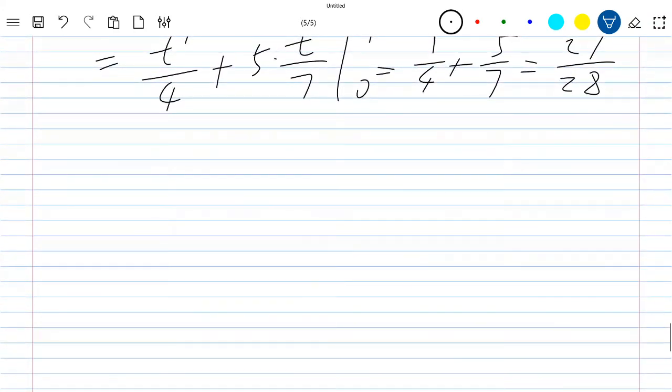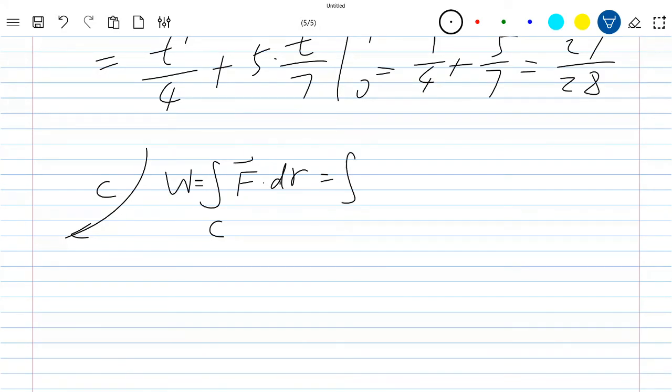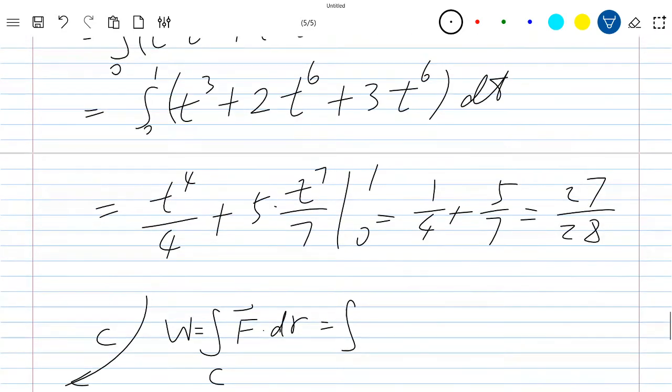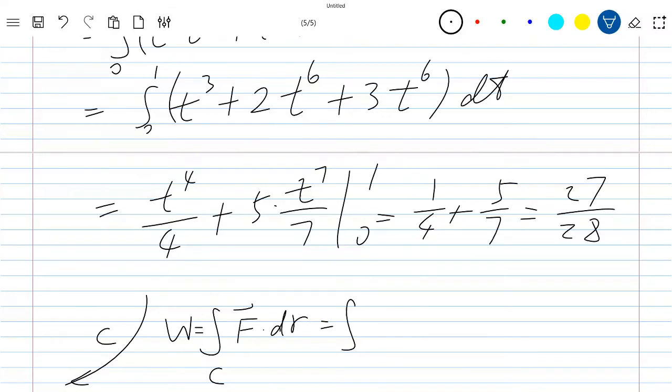If I say the same curve but go backward, then what is the work? Well, then you can see it's the integral of F dot dr with the backward C, right? So it's the same integral. Let's see, that is this one here, but t goes from 1 to 0, right?